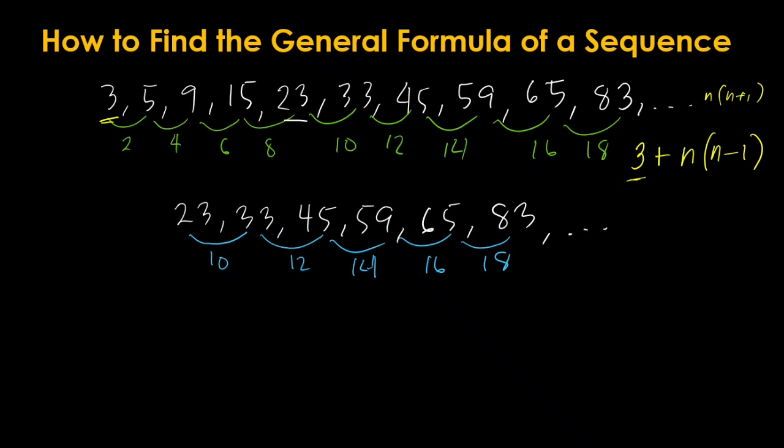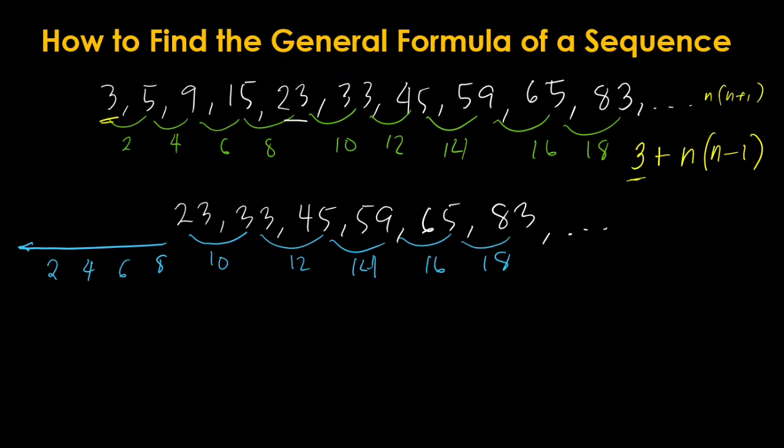If you look at it, it's even numbers like 10, 12, 14, 16, 18. So that means we still have the previous even numbers here, like 8, 6, 4, 2, that are excluded in the sequence.